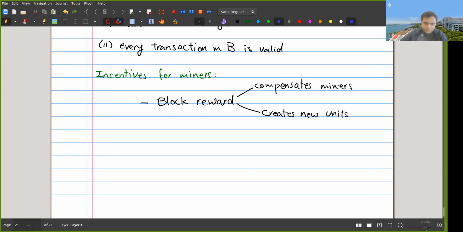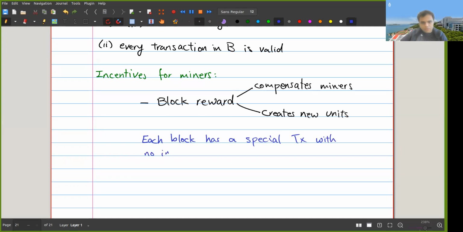So let me just write it here. Each block has a special transaction with no input that pays the reward to the miner.